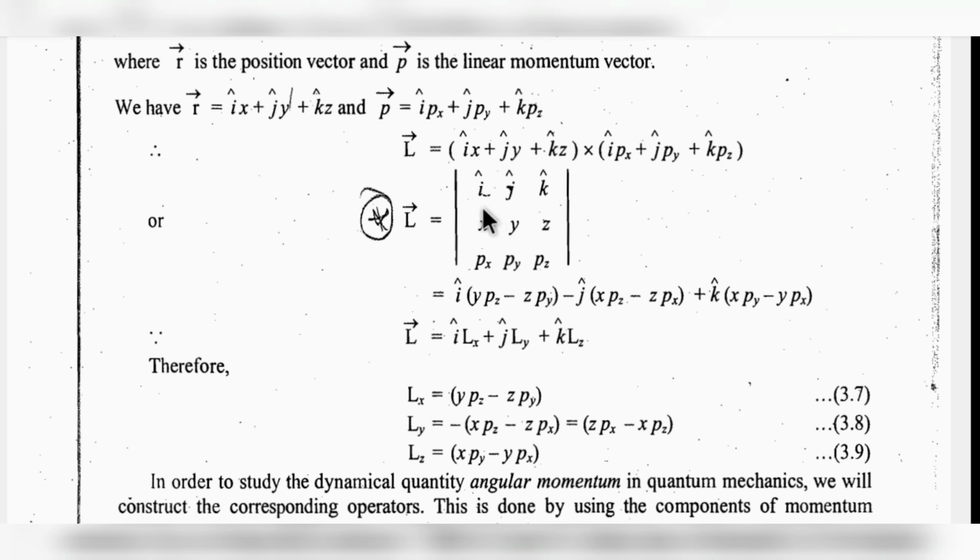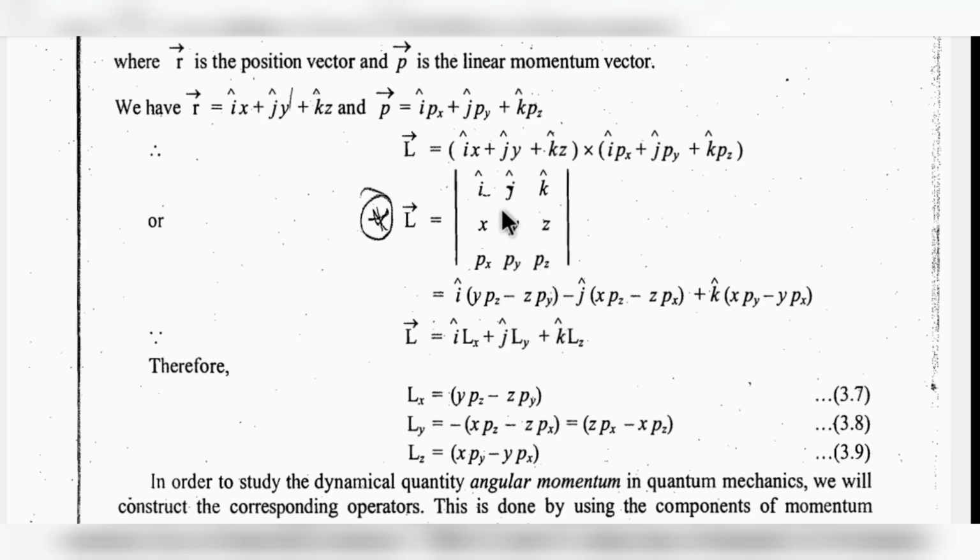first of all we write the vector quantities i, j, k, then the value of r: x, y, and z, and then the value of linear momentum: px, py, and pz. When we find the value of i, we don't write this row and this column, and find the determinant: y multiplied by pz, minus z multiplied by py.